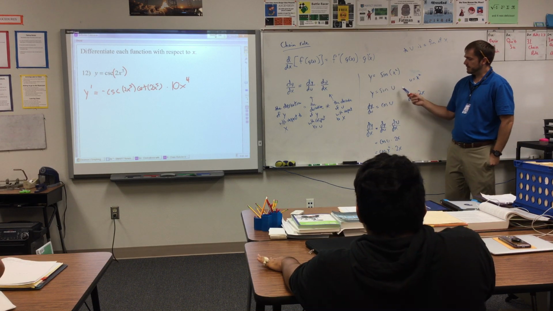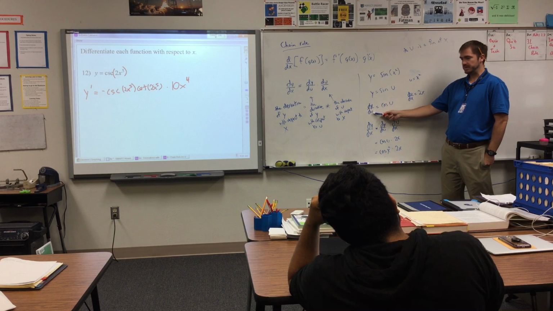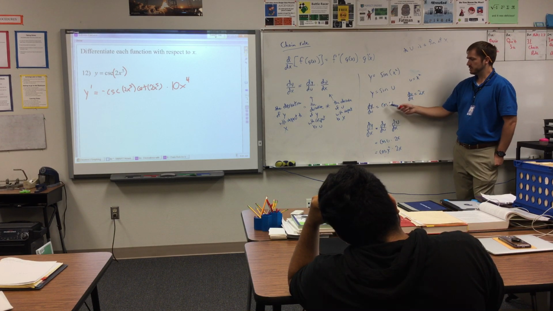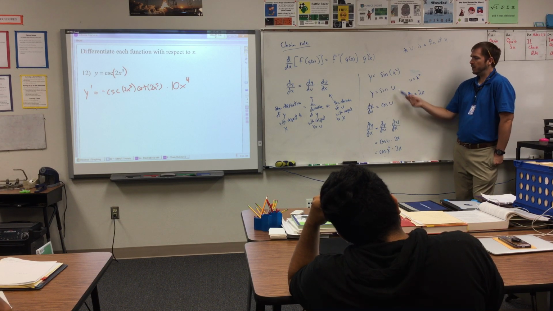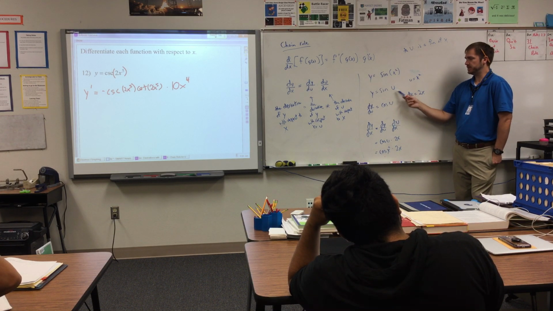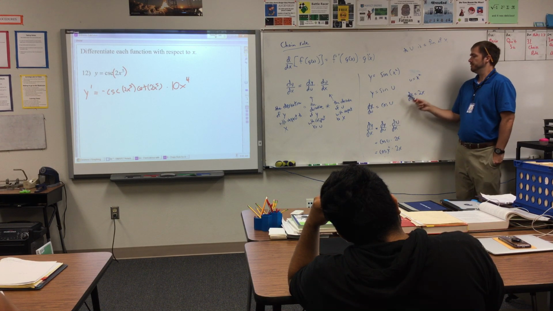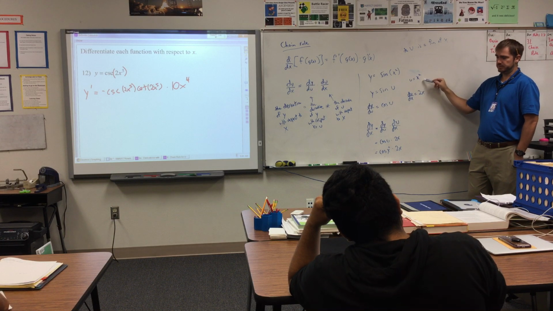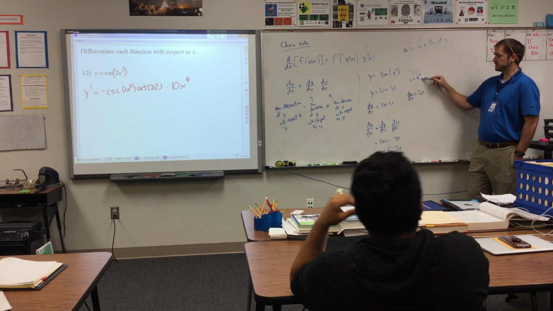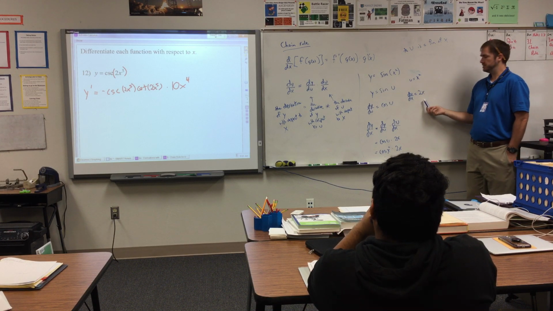So if I think of it like this, dy over du, the derivative of y with respect to u, is just cosine u. All I'm doing there is what we did last week, only instead of having an x here, I have a u. It's no big deal. Thinking in parallel over here, if u is equal to x squared, du over dx is equal to 2x.